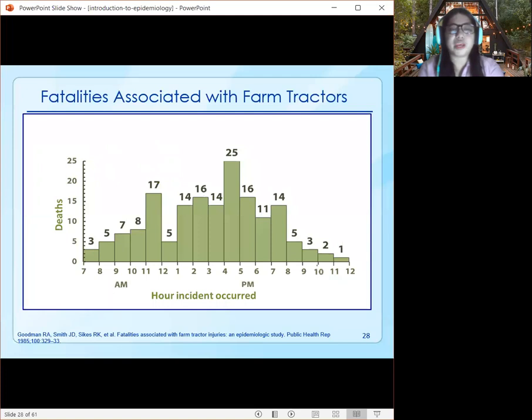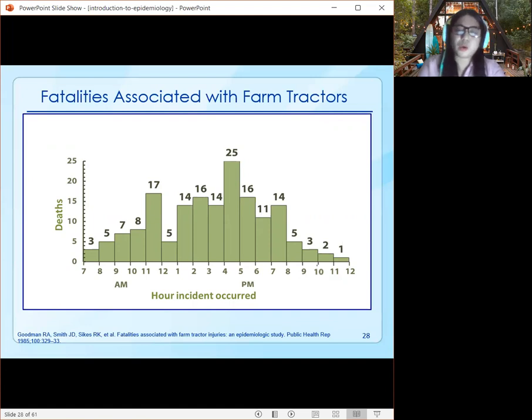We have a graph here showing fatalities associated with farm tractors. This graph describes the when for 166 farm tractor associated deaths. We can examine the data by looking at the time of day when the deaths occurred. In our x-axis, we have the hour the incident occurred, while in our y-axis we can see the deaths.